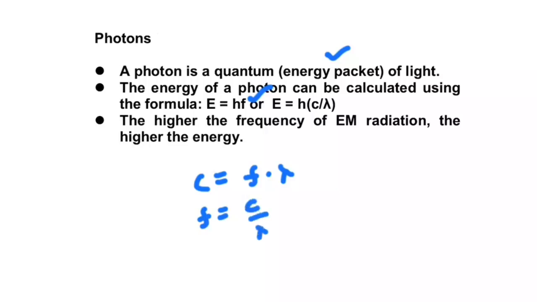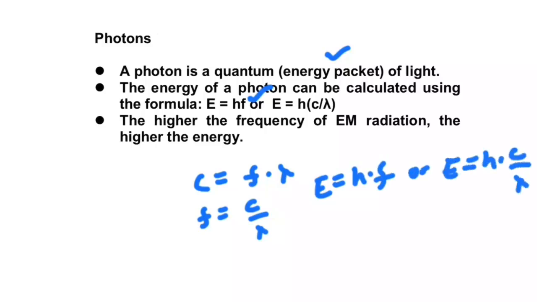So that is why we are saying that the energy can be calculated by h multiplied by the frequency, or the energy can be calculated by h multiplied by c divided by wavelength. We use c divided by wavelength because it is also equal to the frequency.